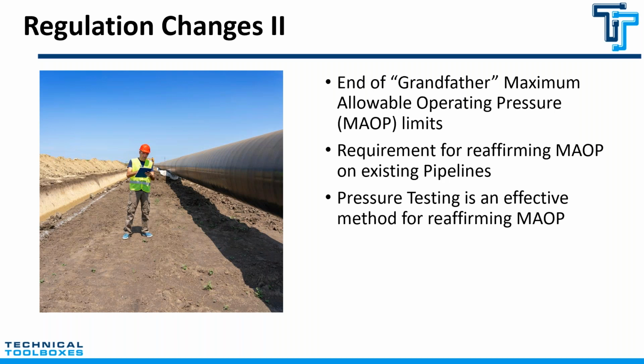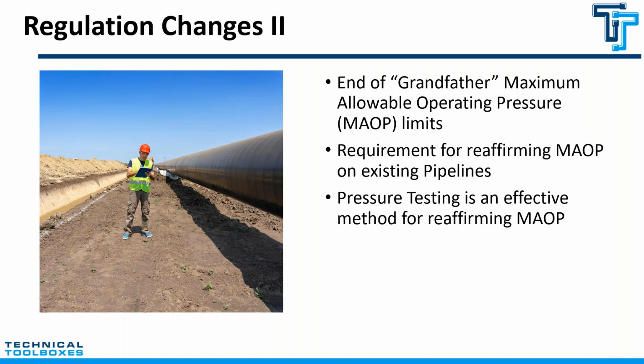It allowed a lot of operators to confirm MAOP using the highest pressure test recorded within the 5-year period that predates July 1st, 1970 pipelines. With the regulatory change, you no longer can use the grandfather clause broadly.